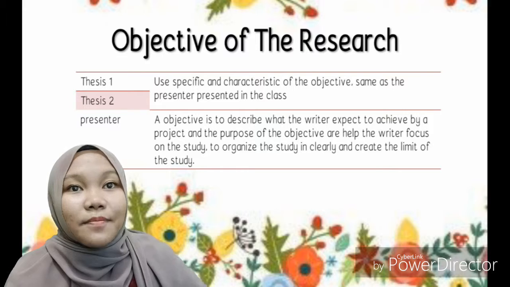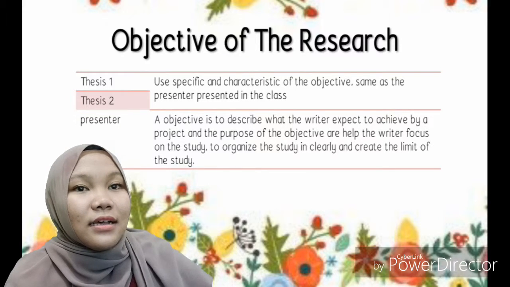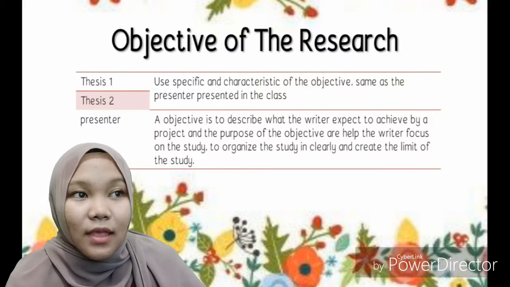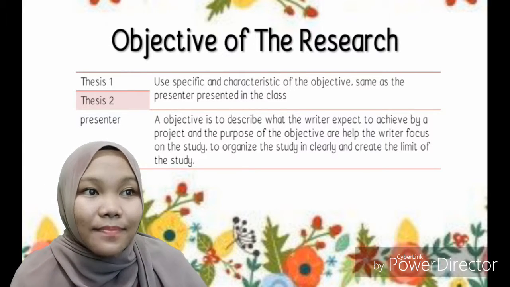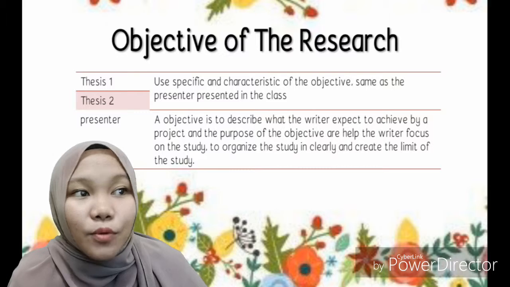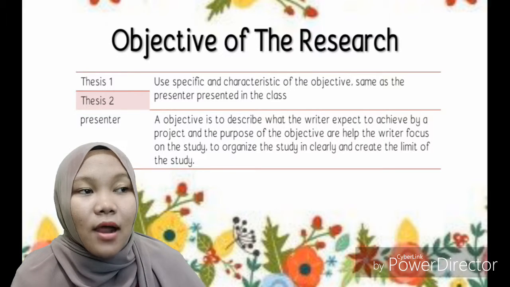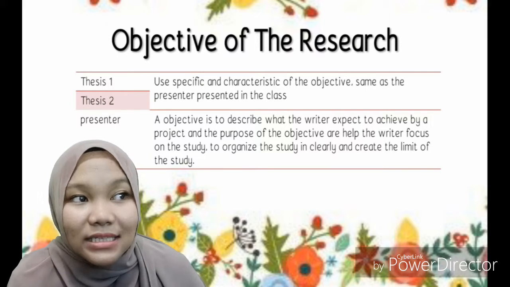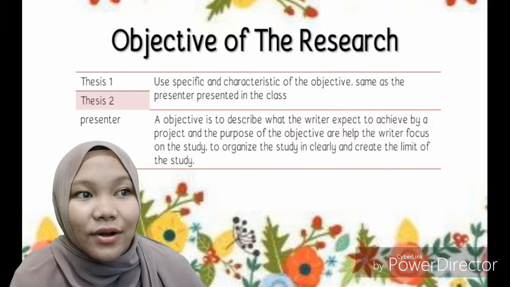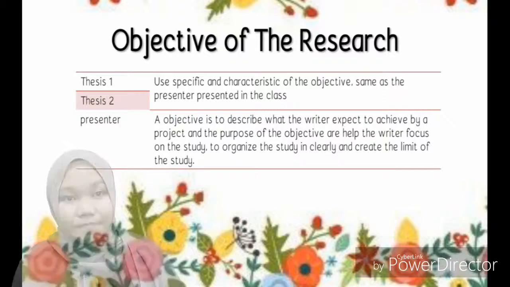The presenter said an objective is to describe what the writer expects to achieve by a project, and the purposes of the objective are to help the writer focus on the study, to organize the study clearly, and to create the limit of the study.